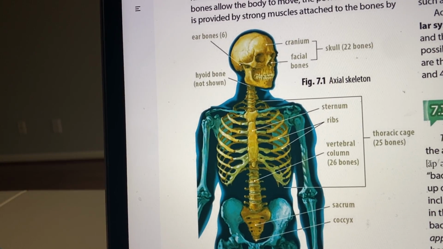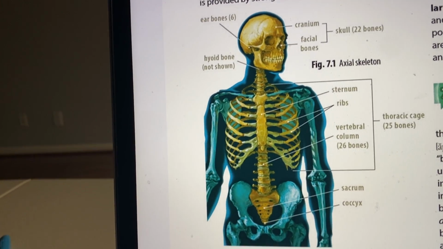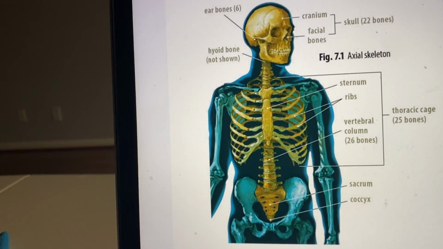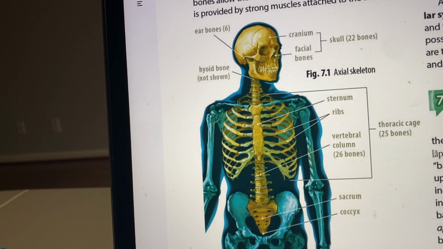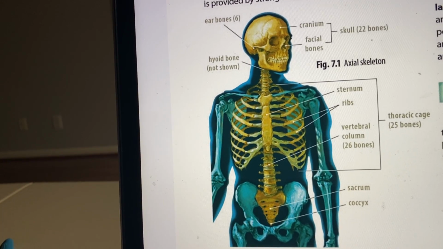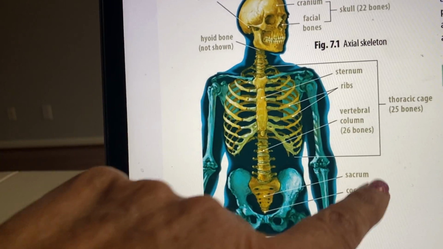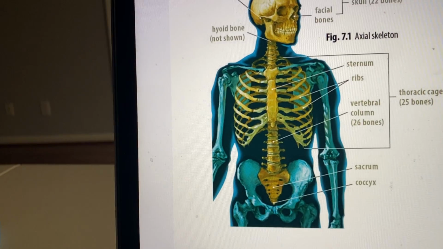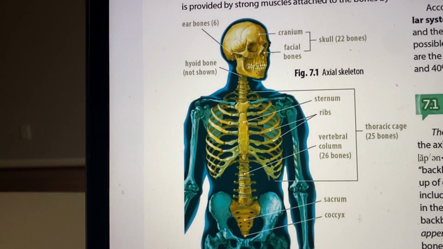And of course the sternum, right here, and the ribs are parts of the axial skeleton. And on to the vertebrae, all the way down to the sacrum and the coccyx. All this area in yellow is the axial skeleton.